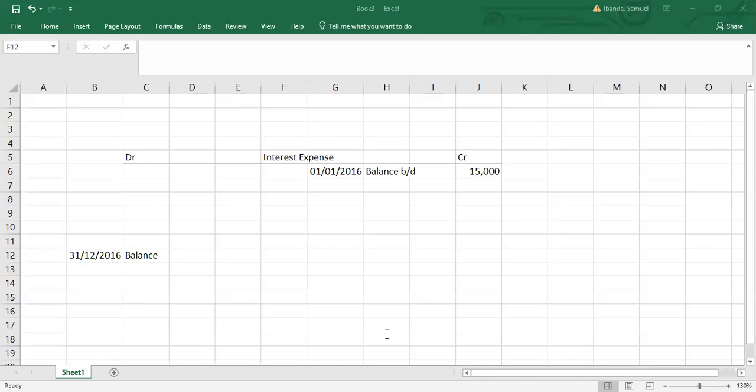I think you remember when we were doing a question on single entry questions, where we say that if the balance brought down is on this side, then the balance carried down is on the opposite side. The reason it's on the opposite side is that a balance carried down of this value at the year end will be a balance brought down in the next period on this other side.